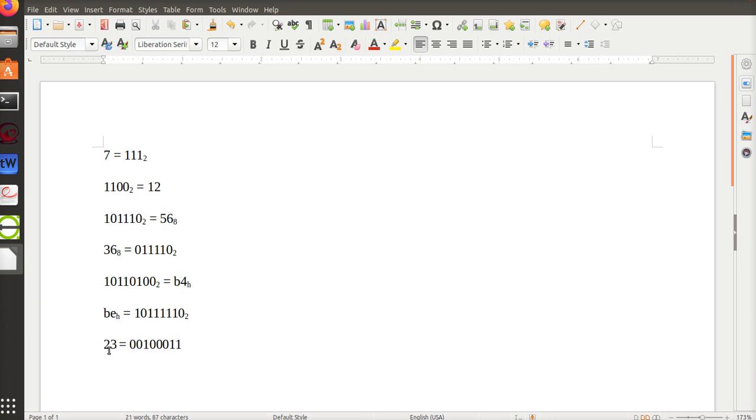Now, 23 decimal is not this in binary. So if you convert 23 to pure binary, it's not going to come out to be this. So I've got to also go in here and say, oh, what I'm really doing is I'm converting it to BCD. So I've got to have the subscript.